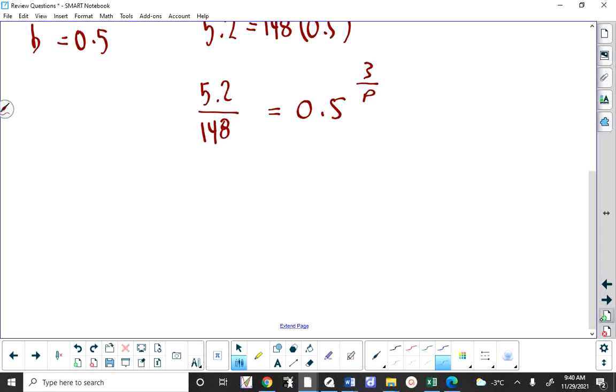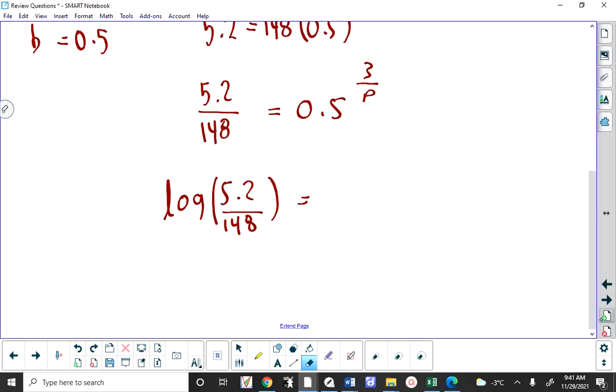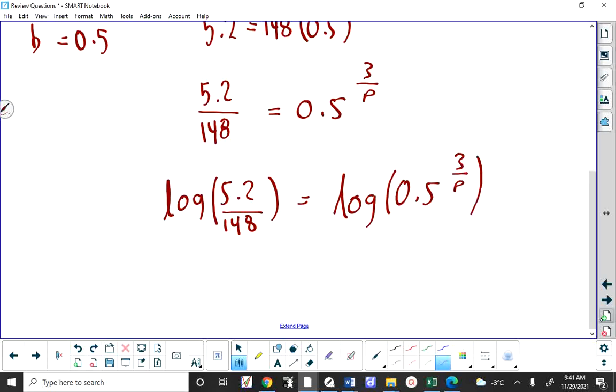Okay. So when I take the logarithm of both sides, I will have the logarithm of 5.2 over 148 equals the logarithm of 0.5 raised to the 3 over p. I had to resist the urge there because I just wanted to write the 3 over p out in front. If you were just doing work on a multiple choice or numerical response question, you would do that.